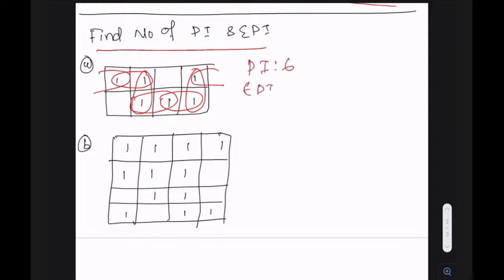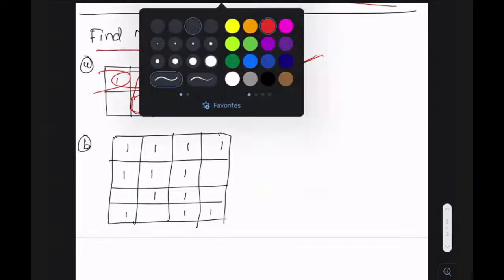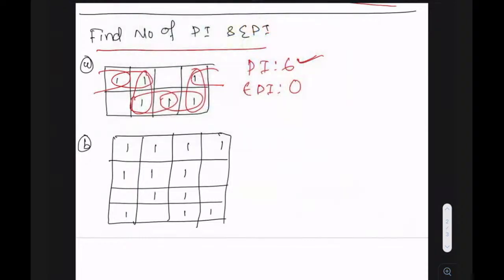And if I ask you how many EPI there are, EPI is 0 in this case. Why is EPI 0? Because I made 6 groups for PI, and if I check all 6 groups, not a single group contains a min term exclusively. Let's say I'm targeting this particular pair.